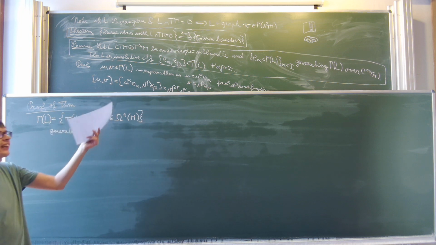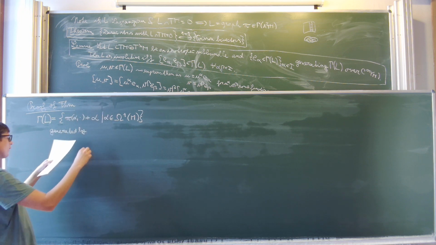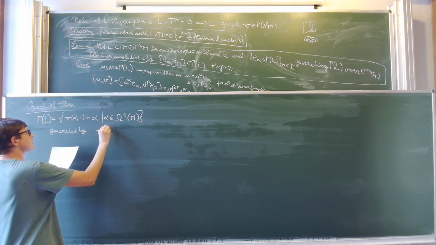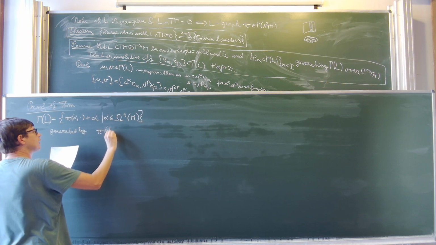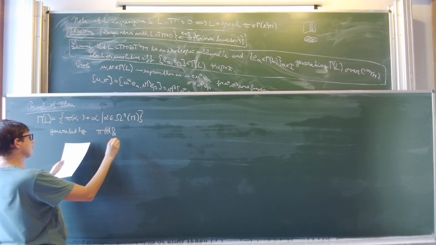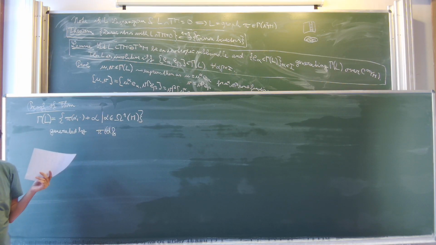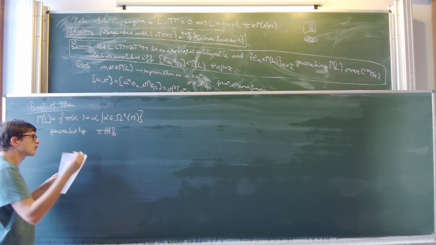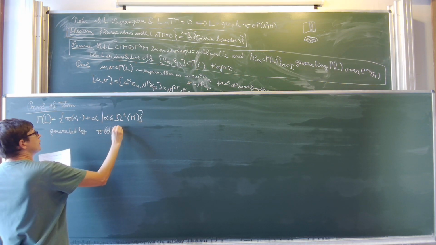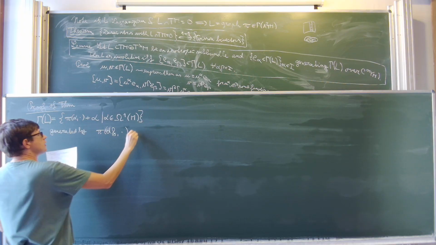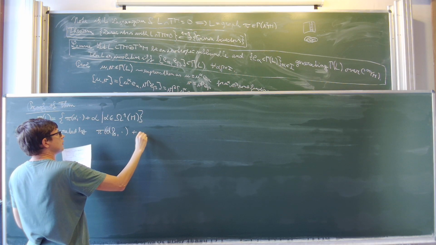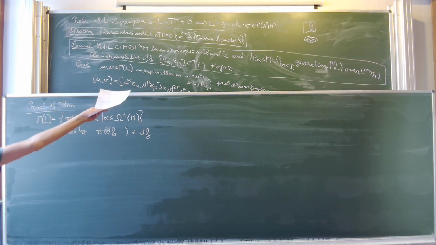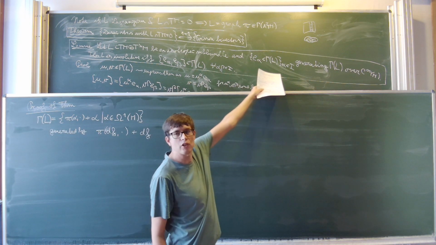But coordinates are not okay, I want to do it globally. Let's just use differentials of functions. So this is generated by df's, because famously any form can be written as a linear combination of differentials of functions with some coefficients. So this plus df. Of course, now the index set I is large.